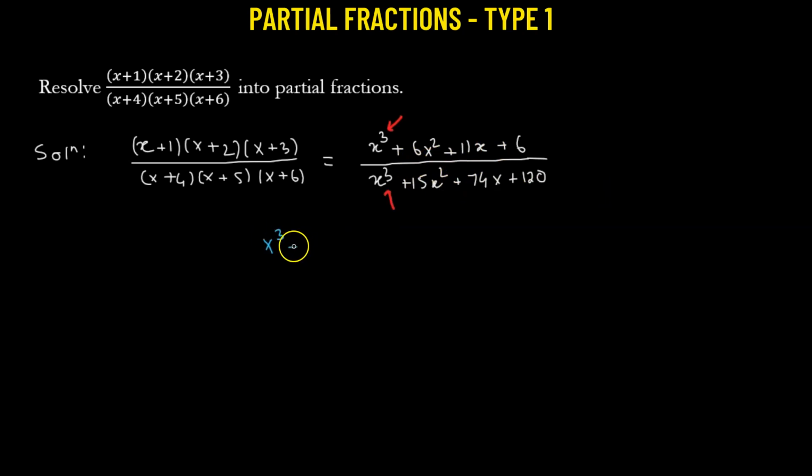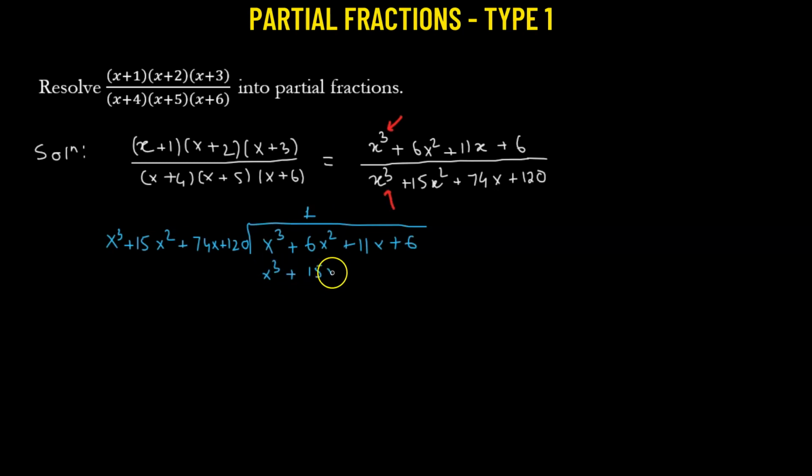So our numerator, which is x cubed + 6x squared + 11x + 6, we're going to divide it by the denominator, which is x cubed + 15x squared + 74x + 120. So we'll take this divisor and multiply it with 1, which is going to give us x cubed + 15x squared + 74x + 120.